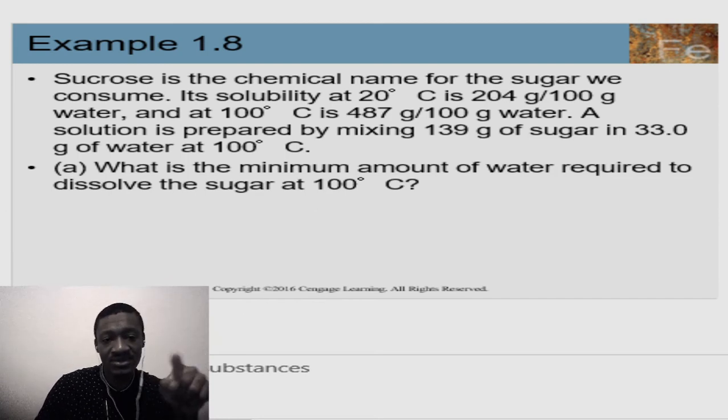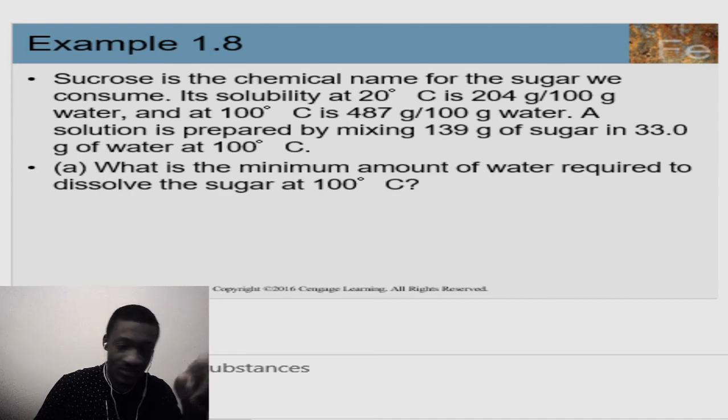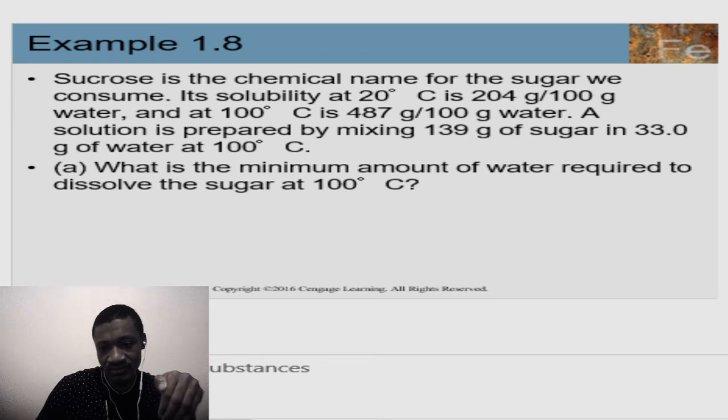So at 100 degrees Celsius, you have 487 grams in 100 grams of water. So notice that when the temperature increases, you can dissolve more in it. You can dissolve more in the 100 grams of water, because the 100 grams still remains the same, but you have more of the sugar dissolved in the water.